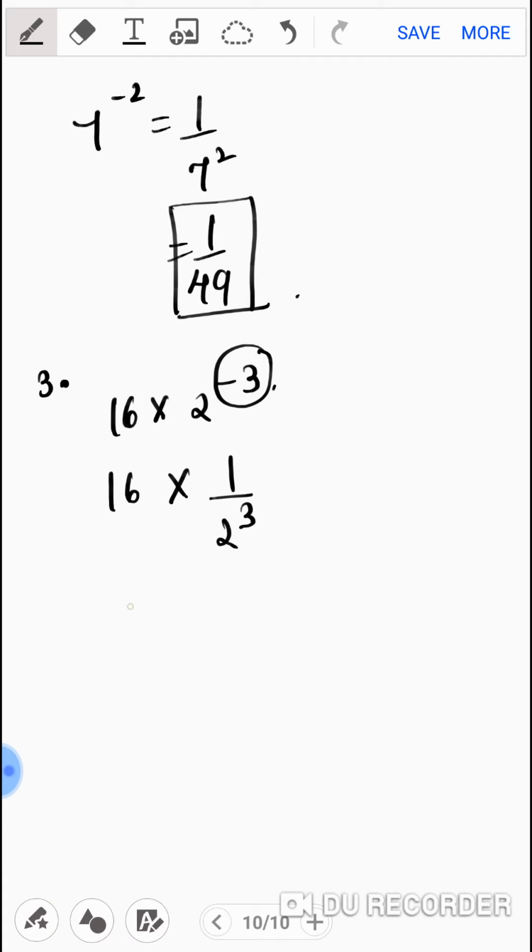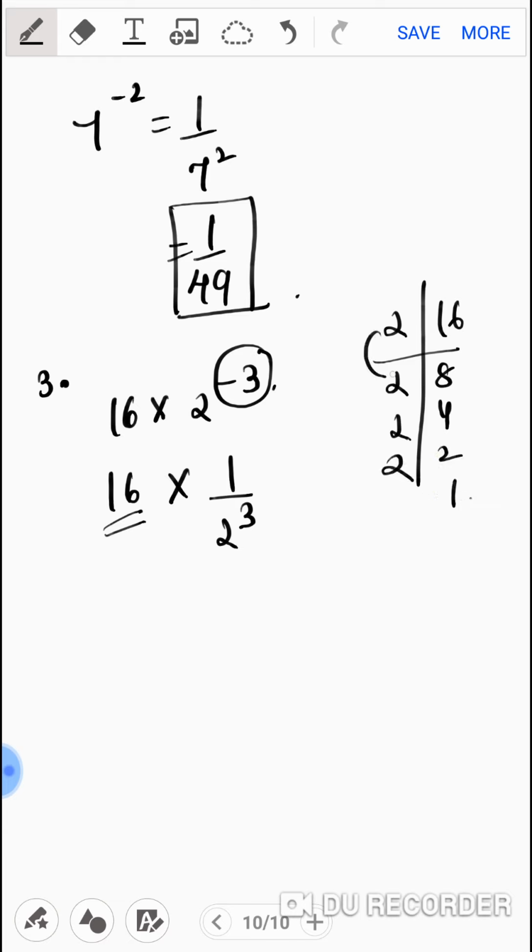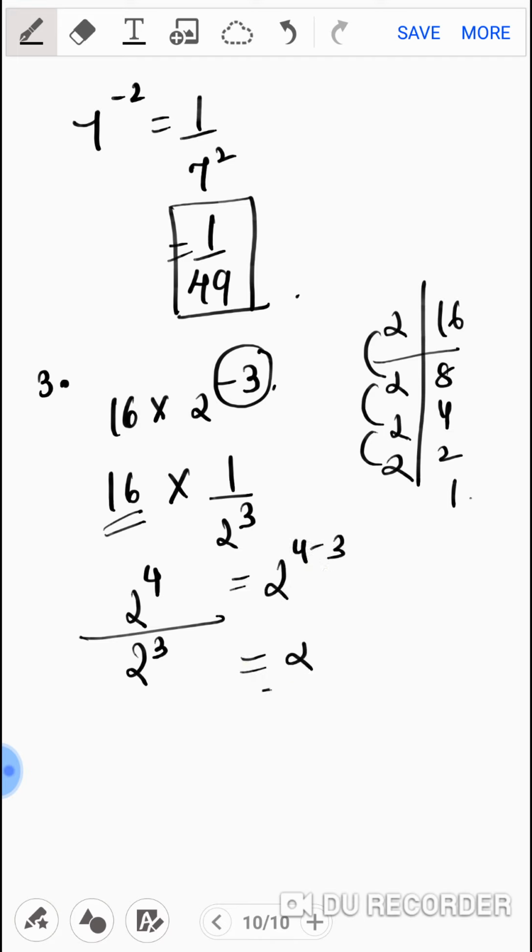Can I write 16 as a factor of 2 in the form of exponent? Two 2s are 4, 4 2s are 8, 8 2s are 16. So can I write it as 2 for 4 times? And down we have 2 raised to 3. That will become 2 raised to 4 minus 3, that is 2. So your perfect answer is 2.